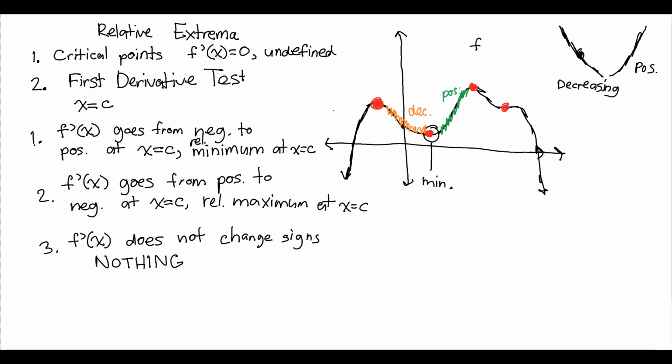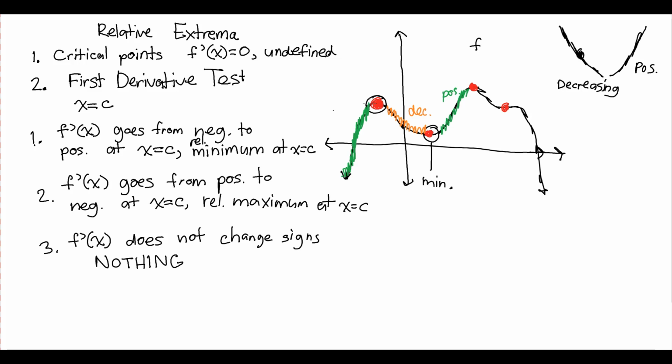Okay? Let's look at some of these other points. Let's look at this one. Well, we know it's decreasing to the right of it. What about to the left of it? Well, the graph is clearly going up, so it's increasing over here. It's increasing until it hits that critical point.